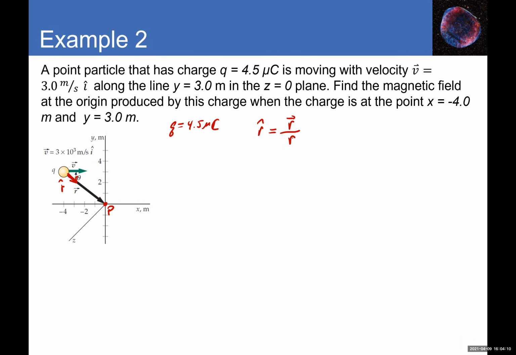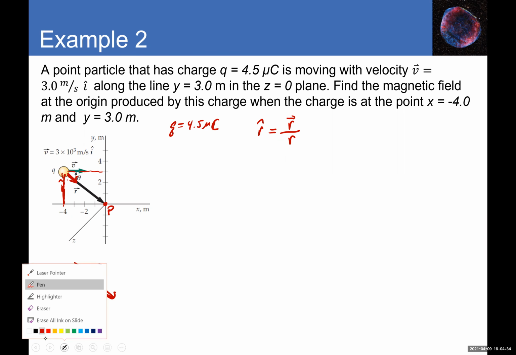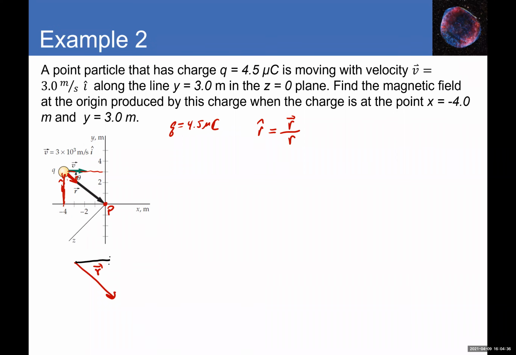But here's what I have. You can see that vector R is from here to there. I can see that it has a length of negative 4 in the X direction and positive 3 in the Y direction, but technically, sorry, that's not true. Since it's pointing like that, if I break it into components, this is Rx, and this is Ry, which is negative.